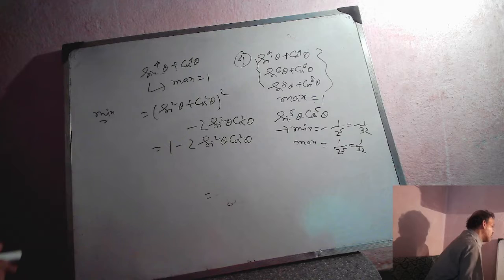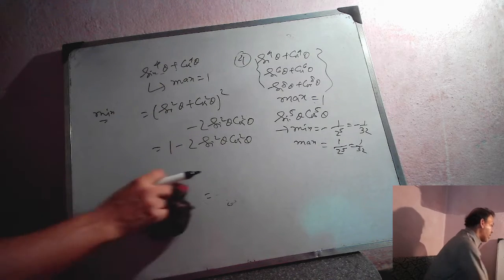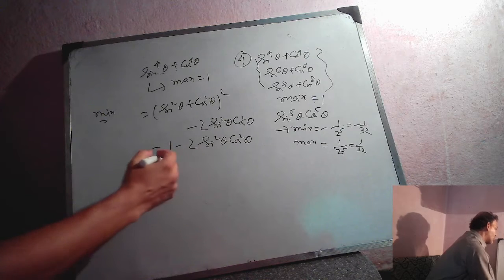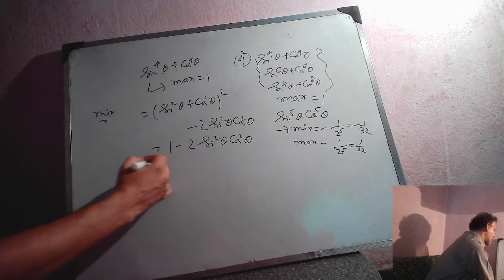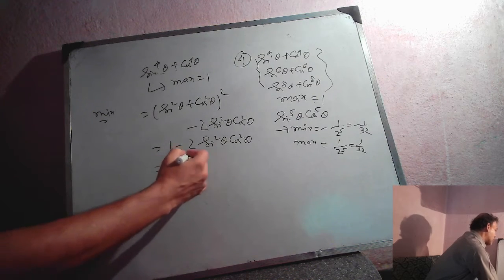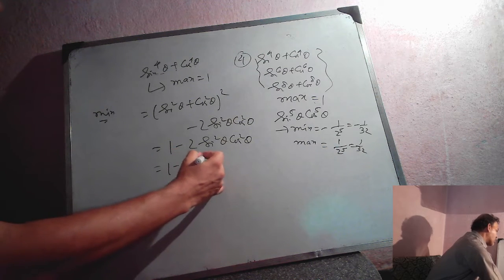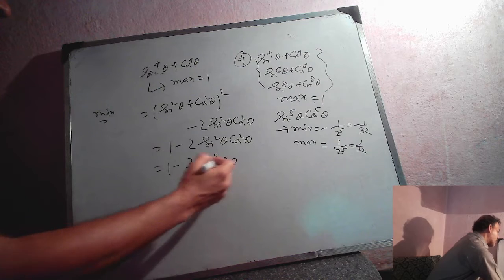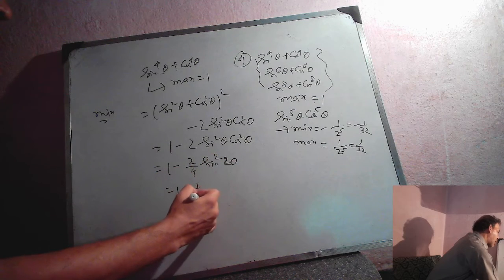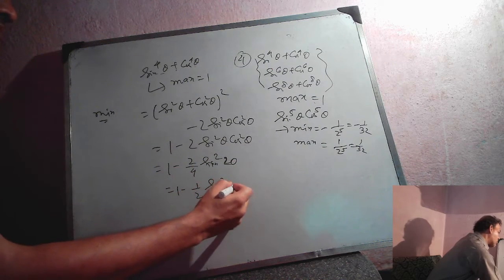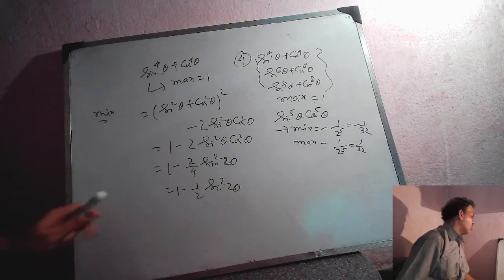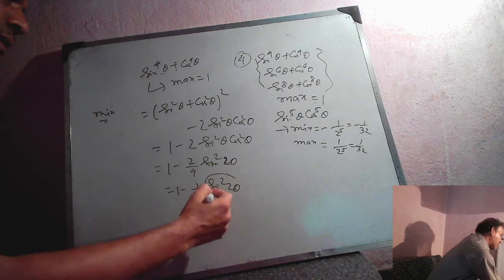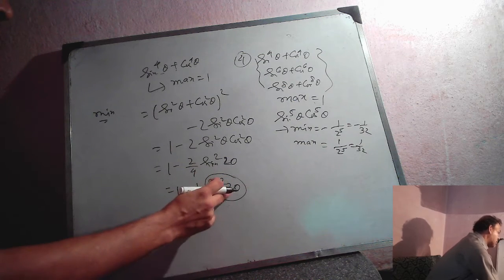Now the minimum value: this will be minimum when that part is maximum. Write it as 1 minus (2/4) sin^2 2θ, that is 1 minus half sin^2 2θ. The minimum value occurs when sin 2θ becomes maximum, and its maximum value is 1.